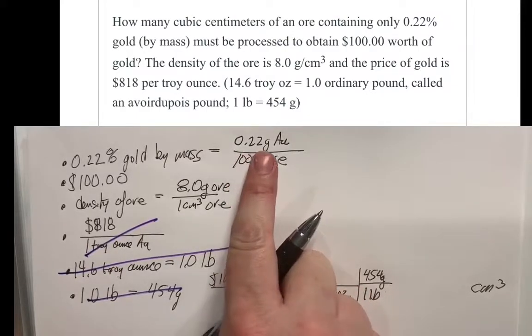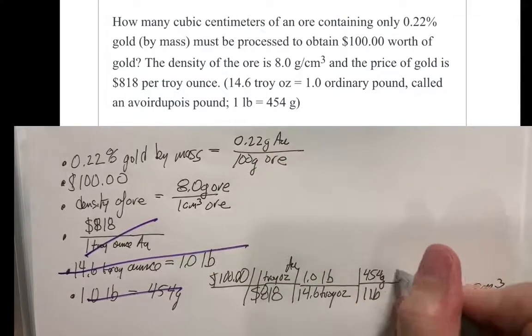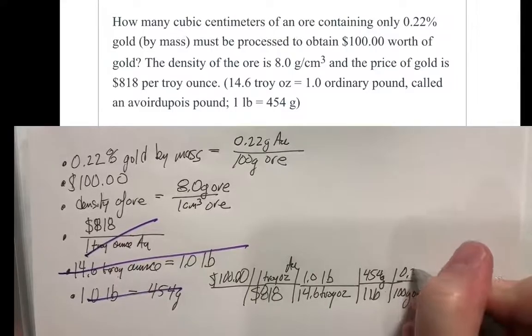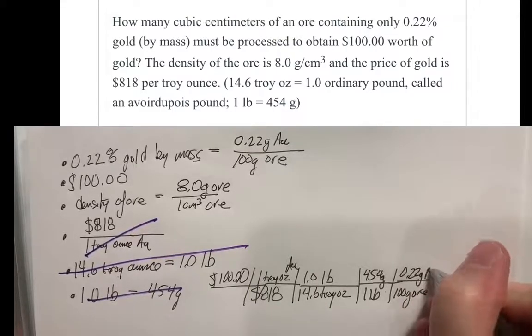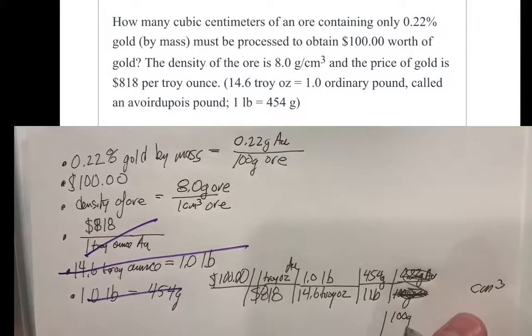So 0.22 grams of gold are contained in 100 grams of the ore. Oh, backwards. Try that again. We have to buy a lot of the ore to get a little bit of the gold.